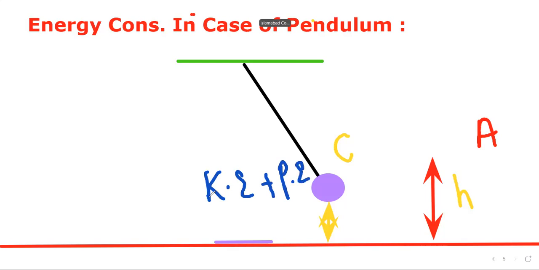So at point C, it will have both forms of energy, kinetic energy as well as potential energy.